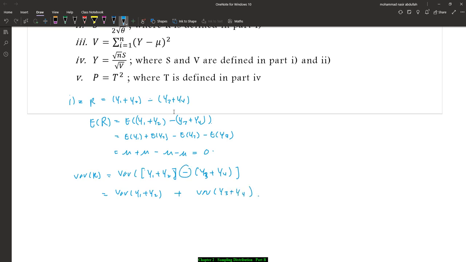So notice I convert the sign. So this one should be variance of Y1 plus variance of Y2 plus variance of Y3 plus variance of Y4. So this one is theta plus theta plus theta plus theta, equal to 4 theta. So we can say that R is having a normal distribution with mean equal to 0 and variance equal to 4 theta. Okay.